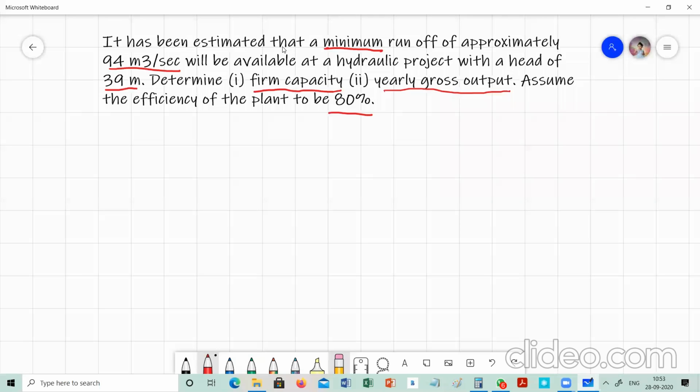Okay, we will solve now. Minimum runoff is equal to 94 meter cube per second.